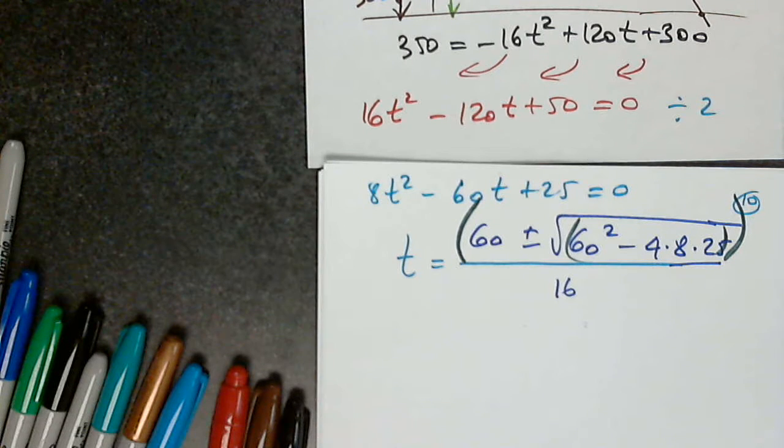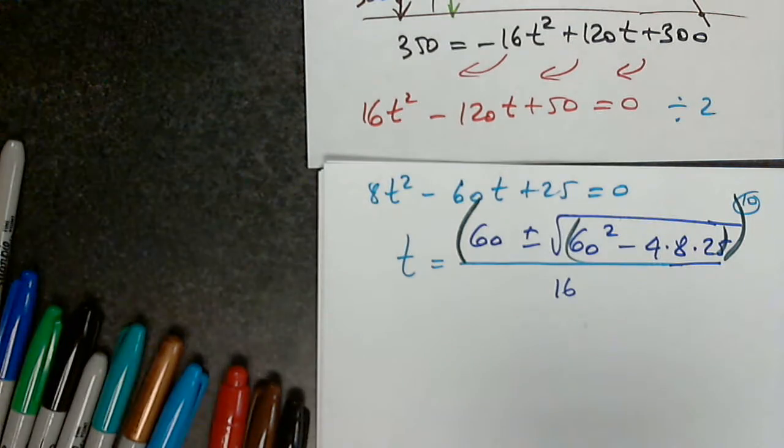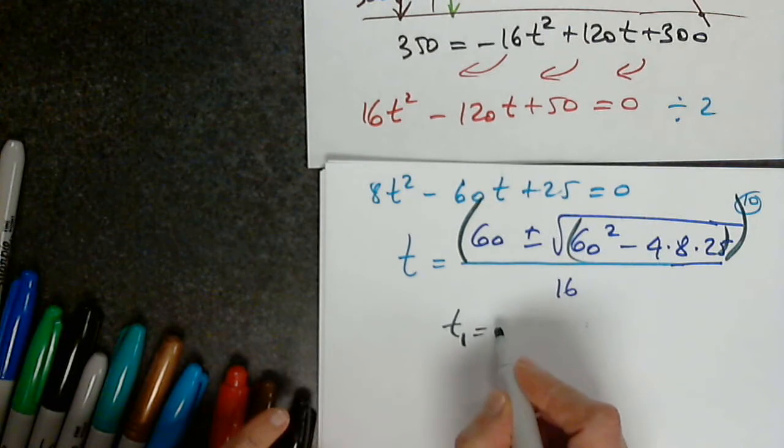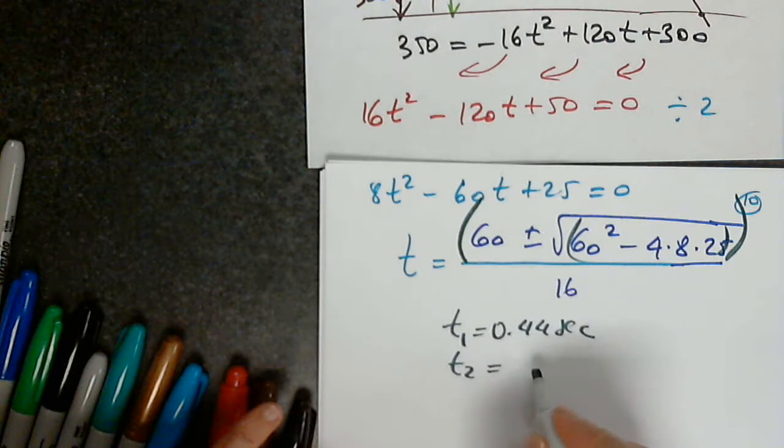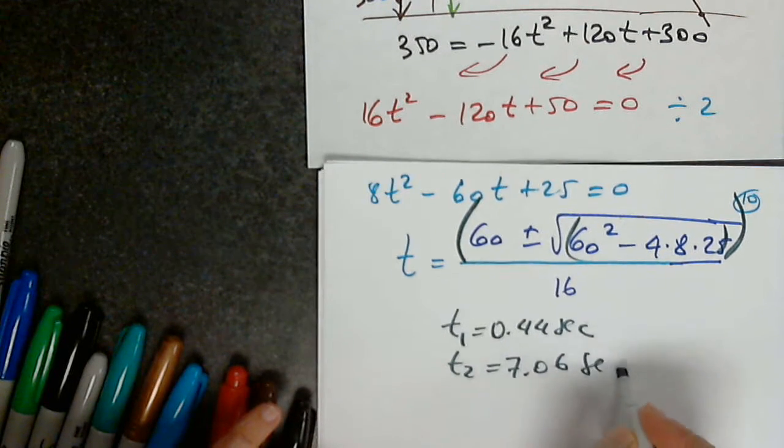Okay, and then when I copy and replace, it's easier for you, I think, with the calculator than with the software. So we got T1, which is 0.44 seconds, and T2, which is 7.06 seconds.